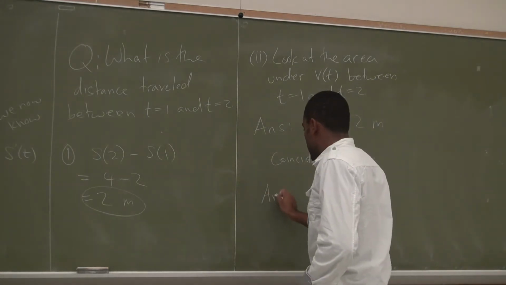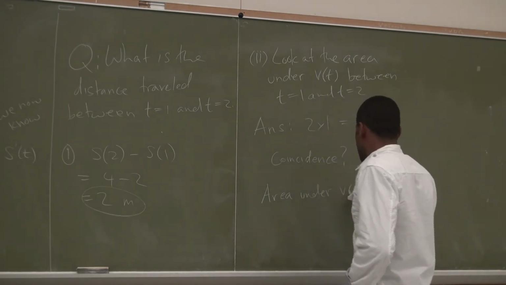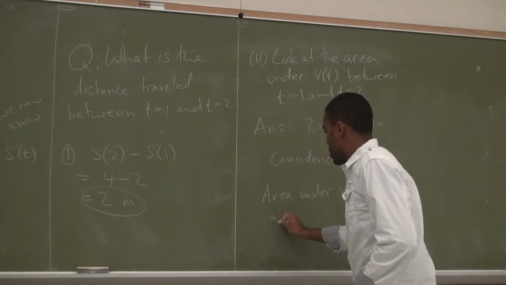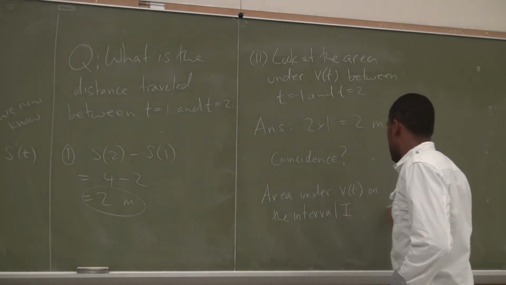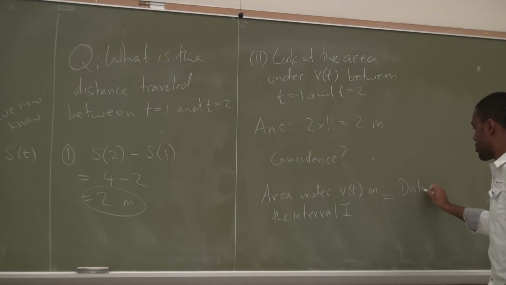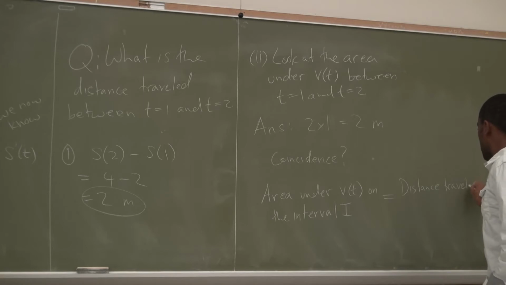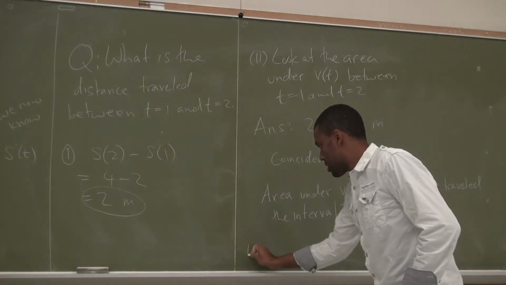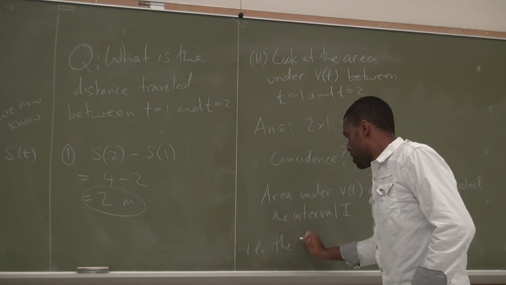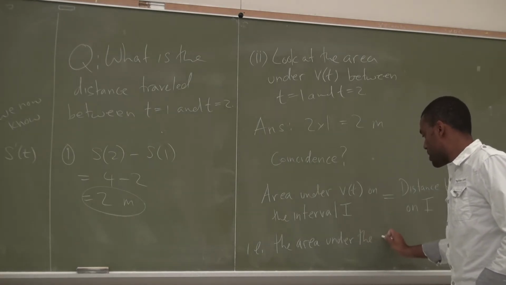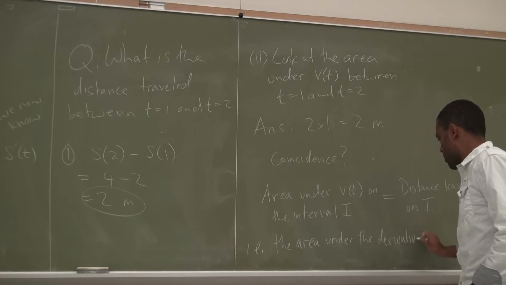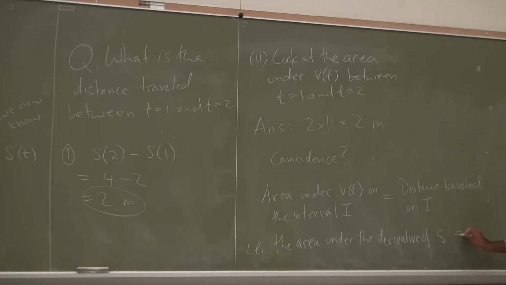The area under v of t on the interval I is actually equal to the distance traveled on I. In other words, in this case anyway, the area under the derivative of s gives the distance, the antiderivative of s.